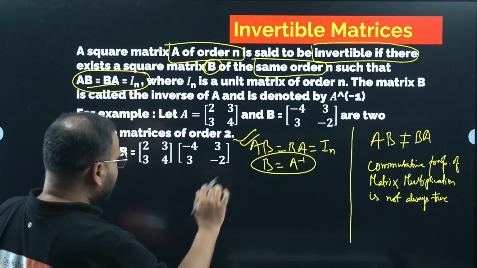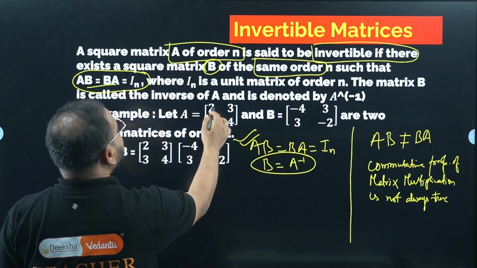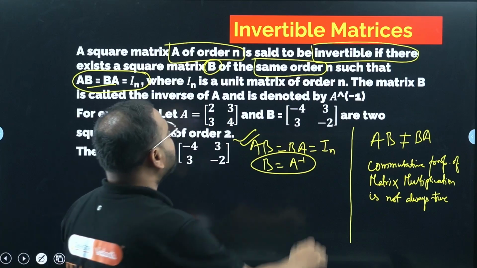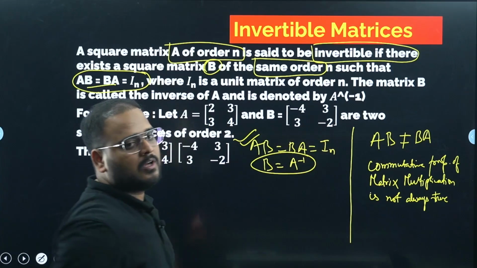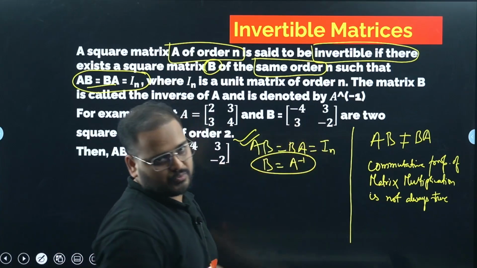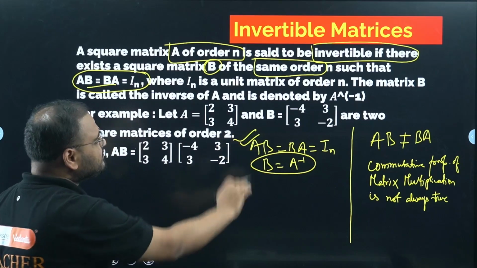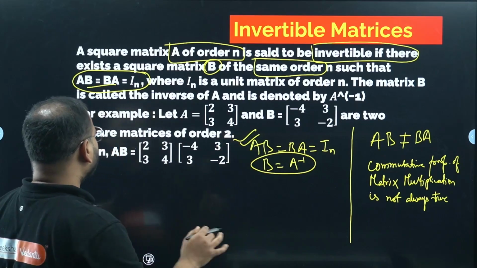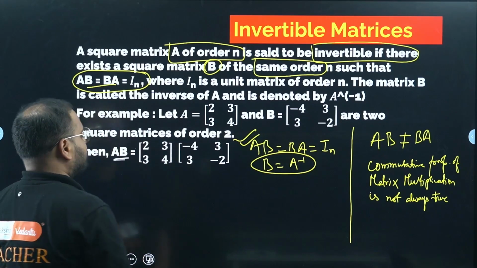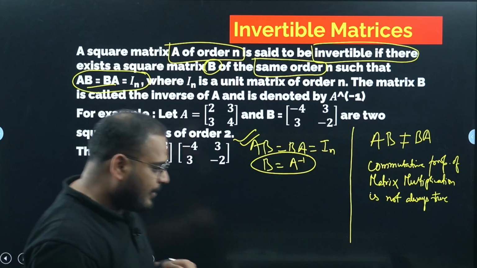Now an example is taken here where A is [2, 3; 3, 4] and B is [-4, 3; 3, -2]. What we are trying to do here is find the value of AB.